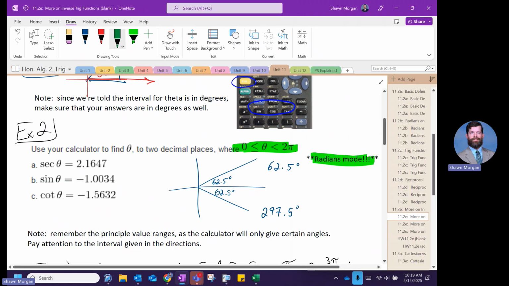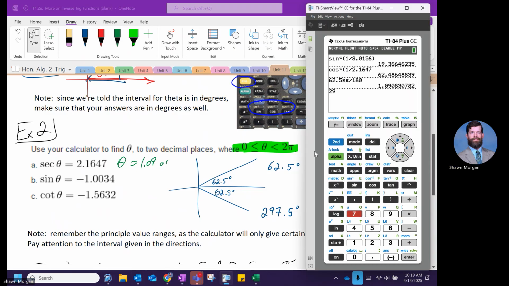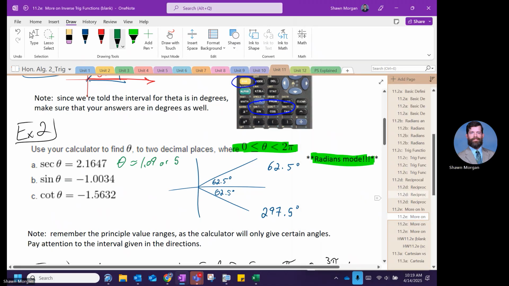So we're going to say theta is 1.09 or 297.5 times pi over 180, 5.19, 5.2. All right. So those would be our two answers for theta there.